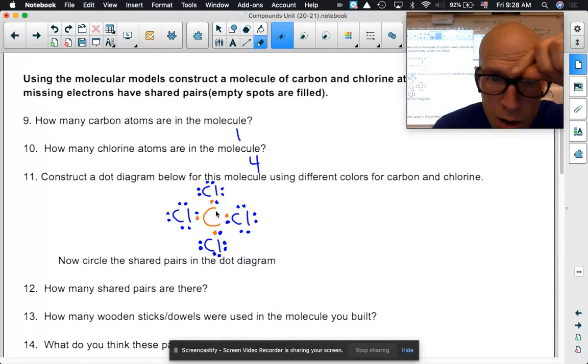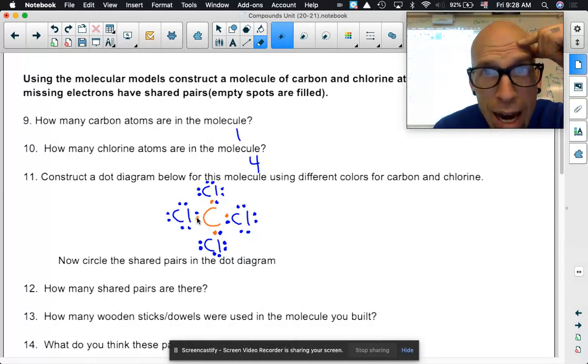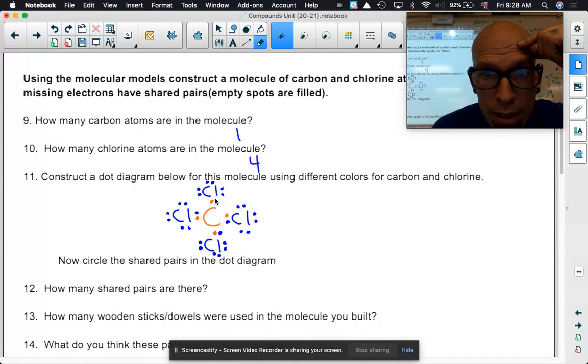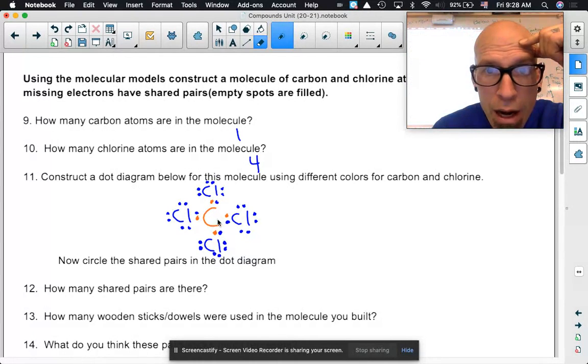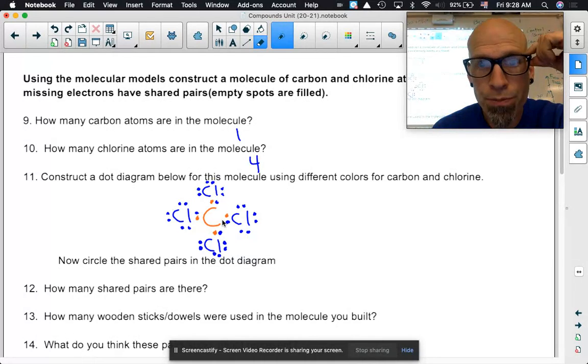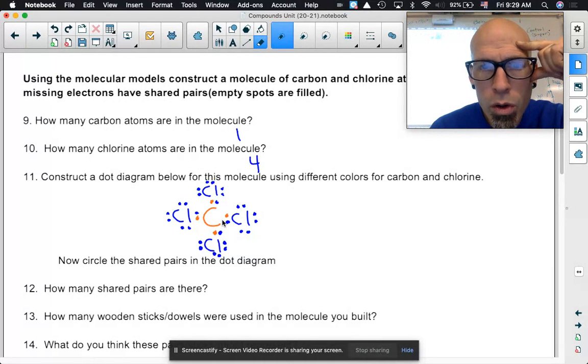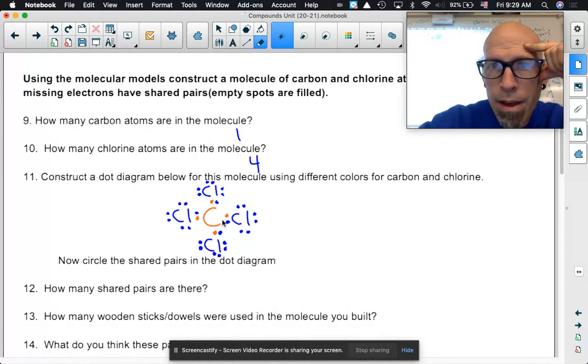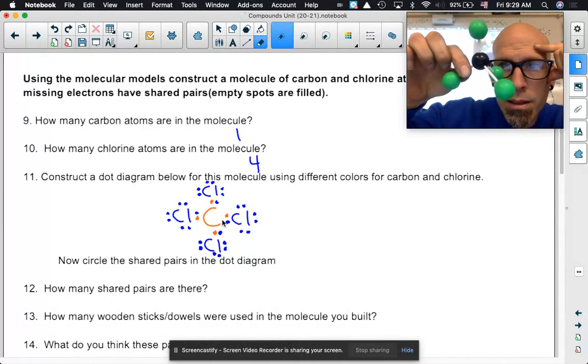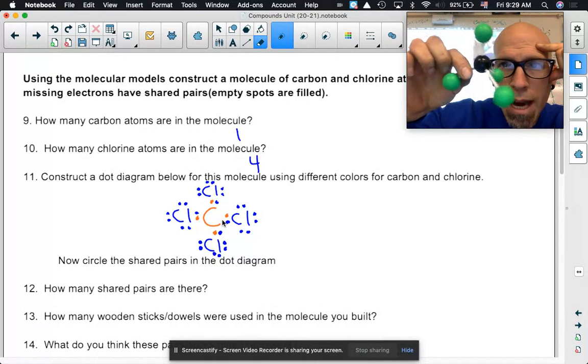The carbon now has 2, 4, 6, and 8. They have a shared pair between each pair of atoms. Okay? So this is the dot diagram that represents this little thing here. Okay, this is what's happening.